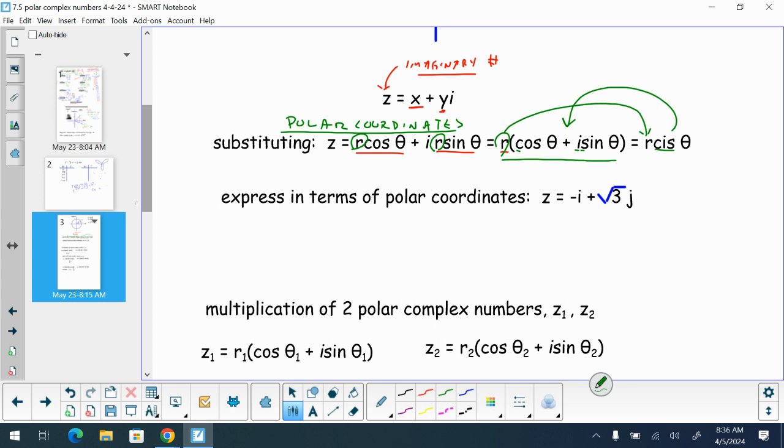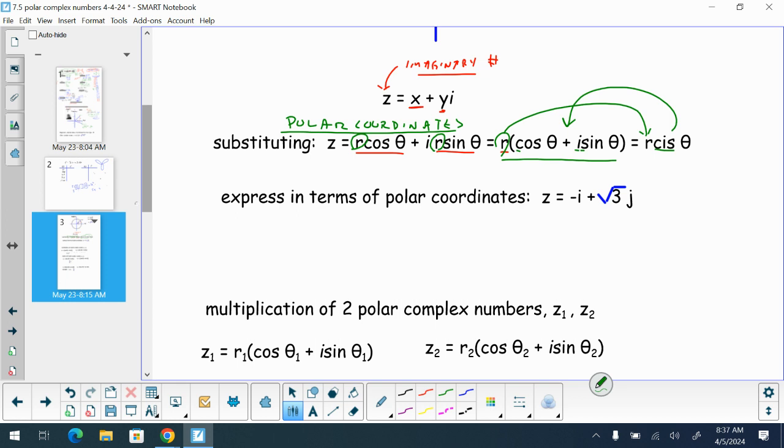I have -1. I'm not sure why I have an i and a j there. Might have just been a typo.